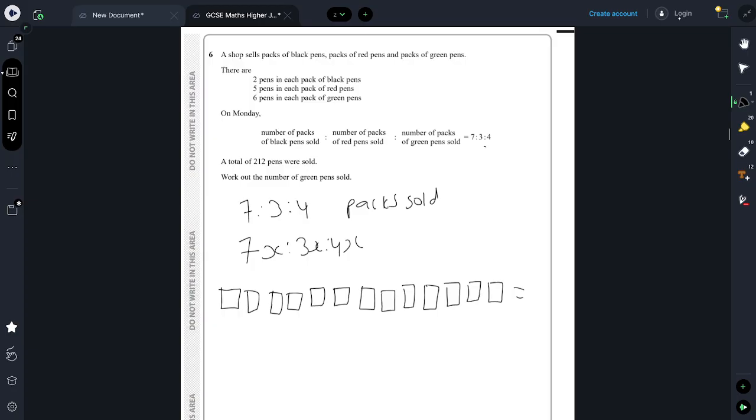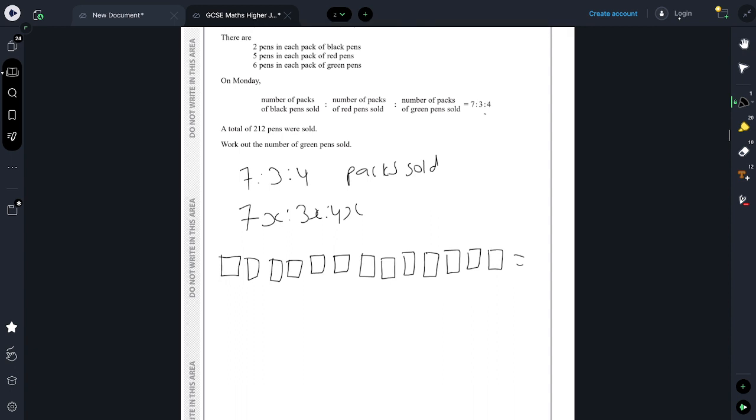That's how many individual pens were sold. These are how many in each pack. Okay, so this makes it a bit more complicated, but that's what the ratio is saying. That's what the x is as well. So each box is essentially x amounts. But yeah, that's the idea of the ratios here.